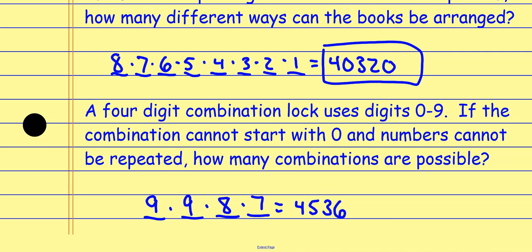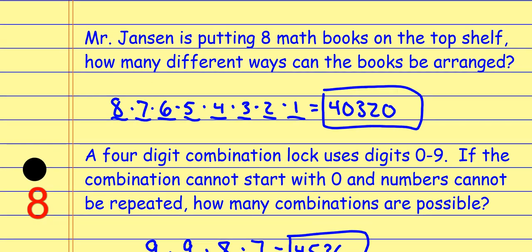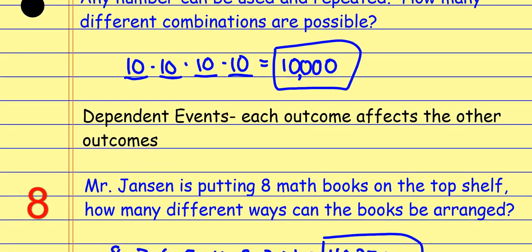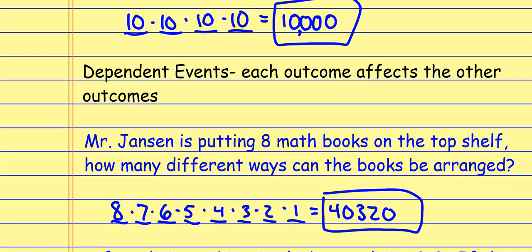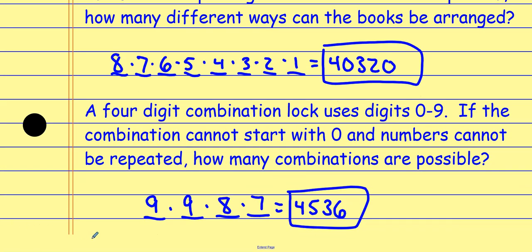And if you missed how significant of a drop that is, this is the same question that I had earlier when there were 10,000 options, and I only limited it a little bit. I said, hey, you can't start with 0 and you can't repeat numbers. And look at that. I have less than half the options I had previously. Okay, and this is kind of what happens as we start to eliminate some of the obvious types of combinations, like 1 for all 4 of them wouldn't be an option down here.